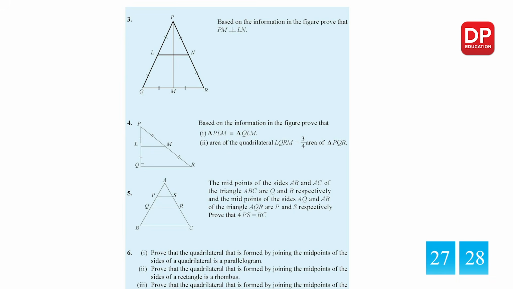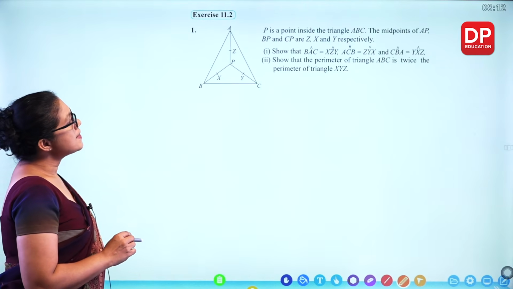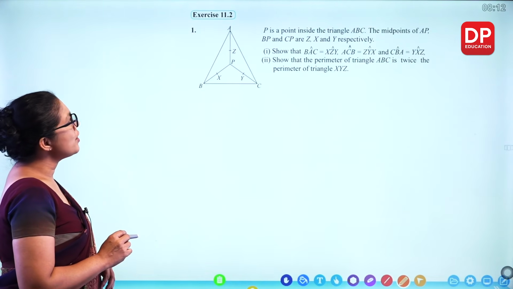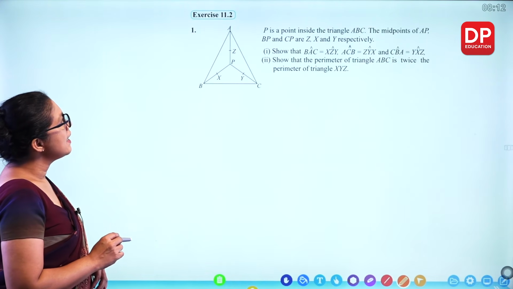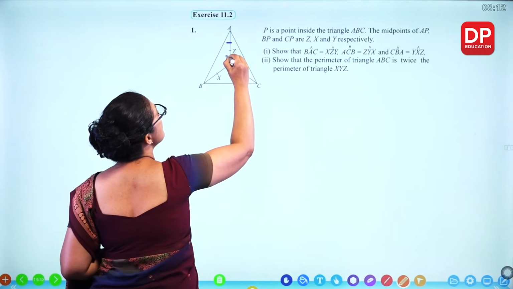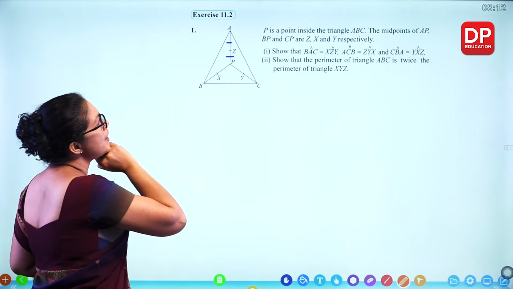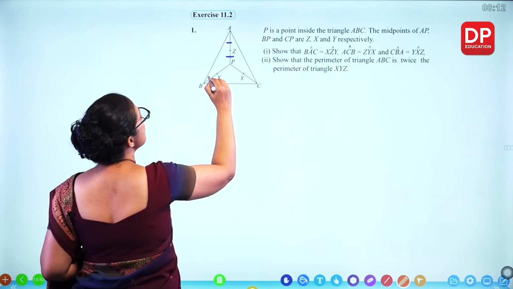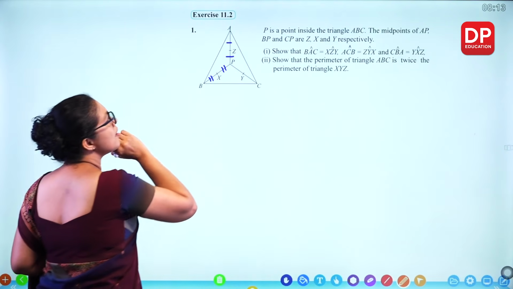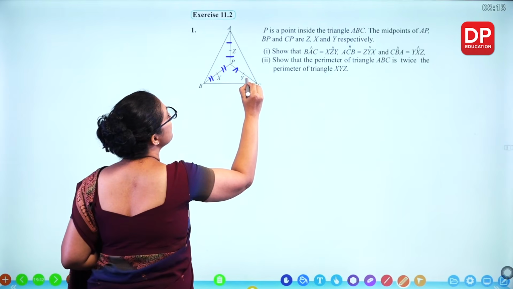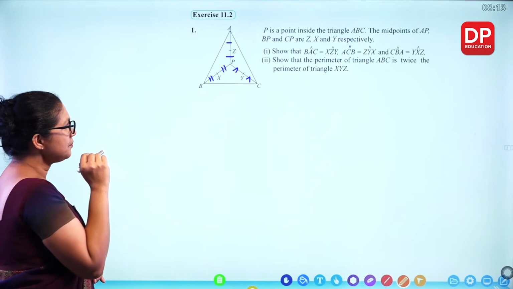Exercise 11.2. P is a point inside the triangle ABC. The midpoint of AP is Z, so this is equal to this, and the midpoint of BP is X. So this length is equal to this one, and the midpoint of PC is Y. These two are equal.